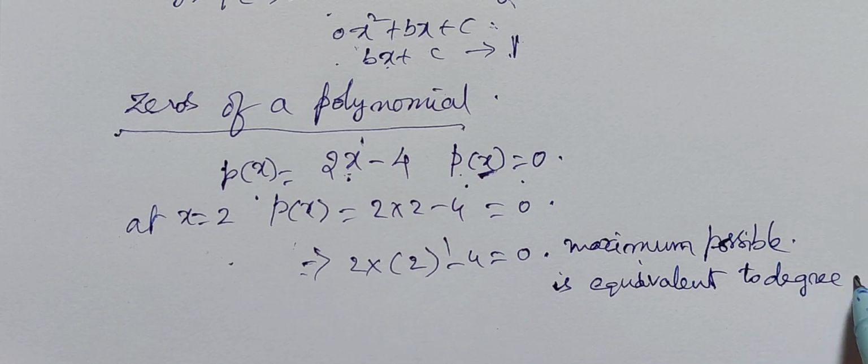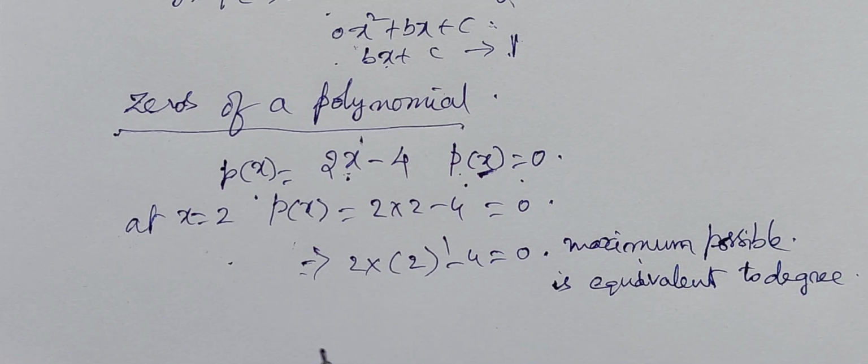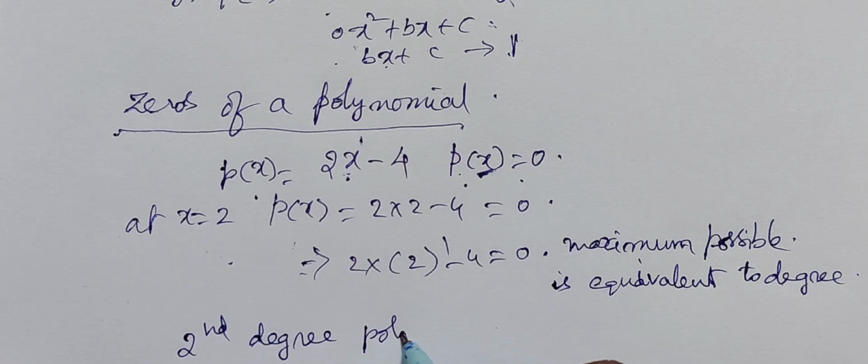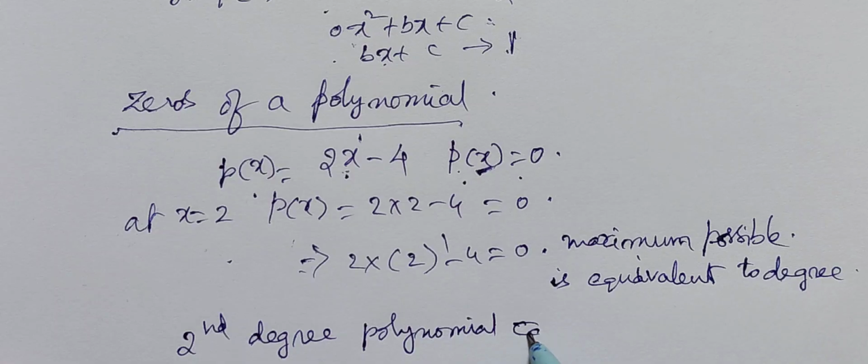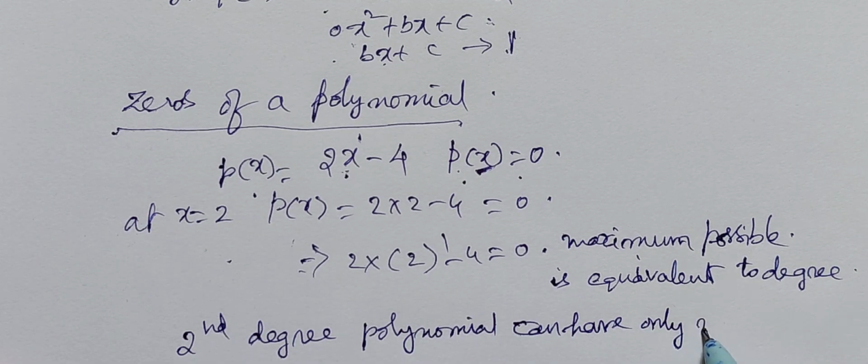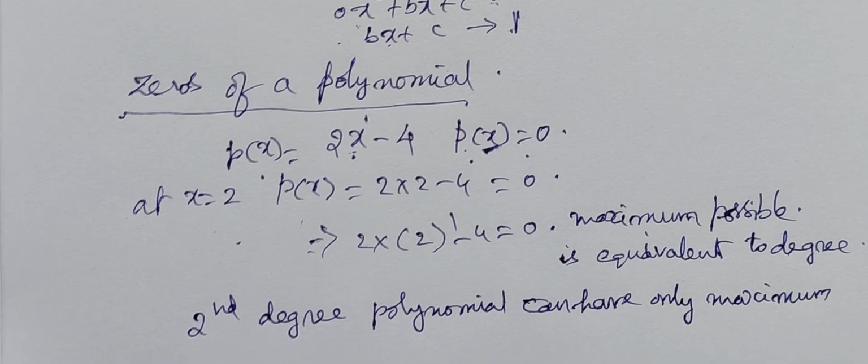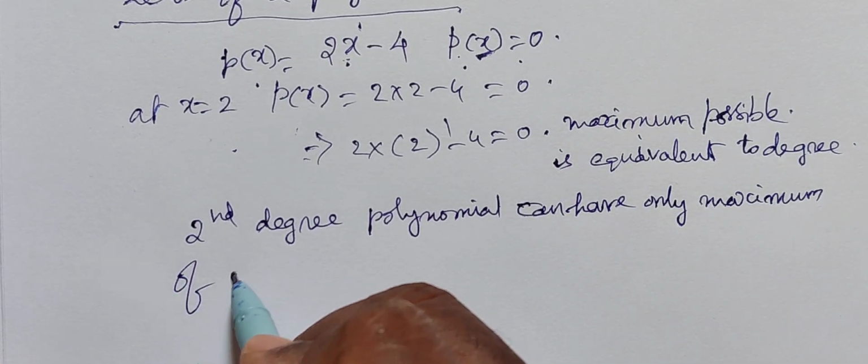If there is a second degree polynomial, at the maximum you can get only 2 values where the polynomial is 0. It can have a maximum of 2 zeros.